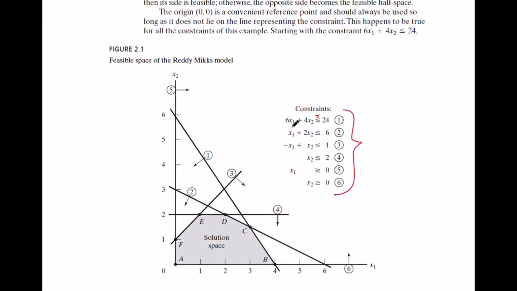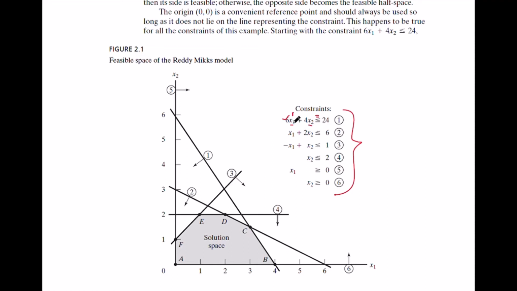For example, this line. First, to plot a line, we need to find the coordinates. Along the x-axis it is x1 and along the y-axis it is x2. So we need to find different points x1 comma x2 for which this line is satisfied, like 6x1 plus 4x2 equals 24.